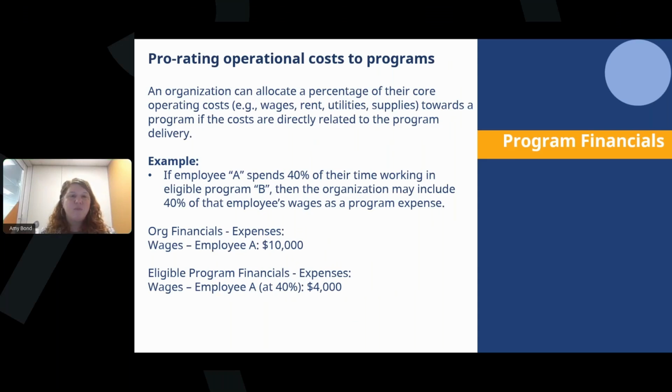So this is going to be a percentage of your core operating costs, so wages, rent, utilities, things like that, administrative costs, if they're directly related to the program. So in this one example, if you have an employee that spends 40% of their time working on an eligible program, then include 40% of that employee's wages as the program expense.